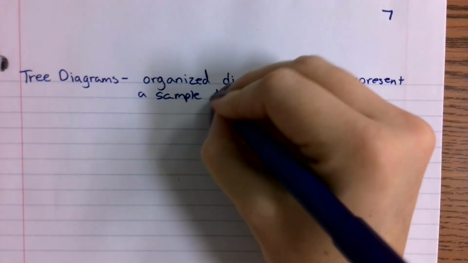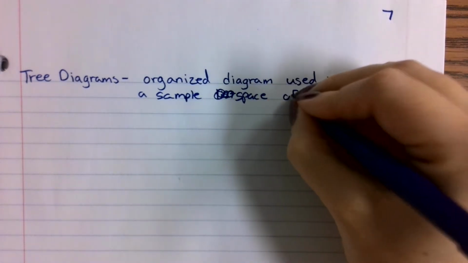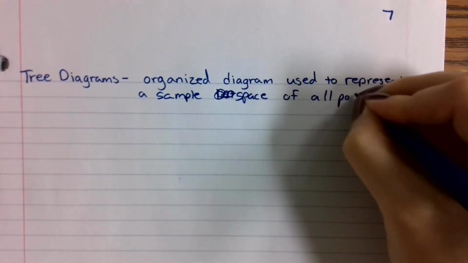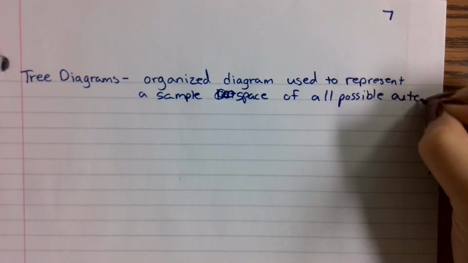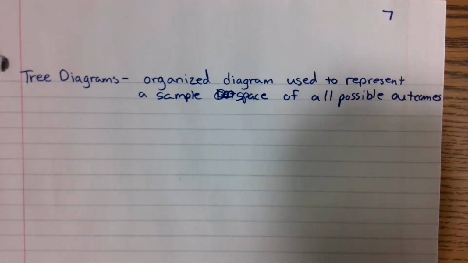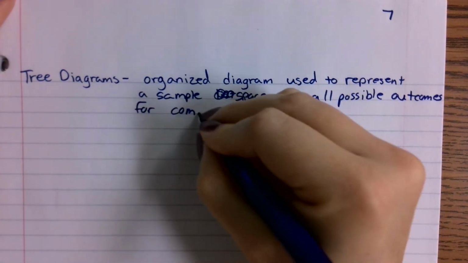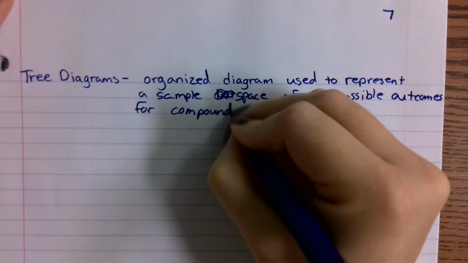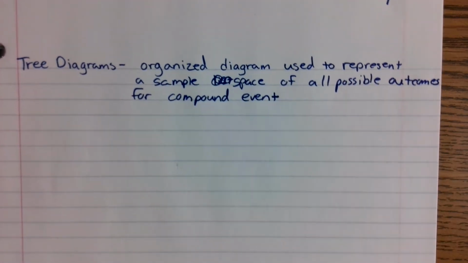So it's a sample space of all possible outcomes for what we call compound events. Compound events means there's more than one activity. So it's not just a coin.